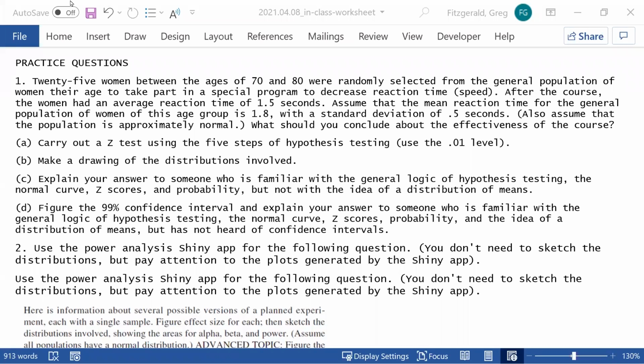Oh, for those of you on Zoom, what I've shared on the screen, this is the problem I would like you to do right now.